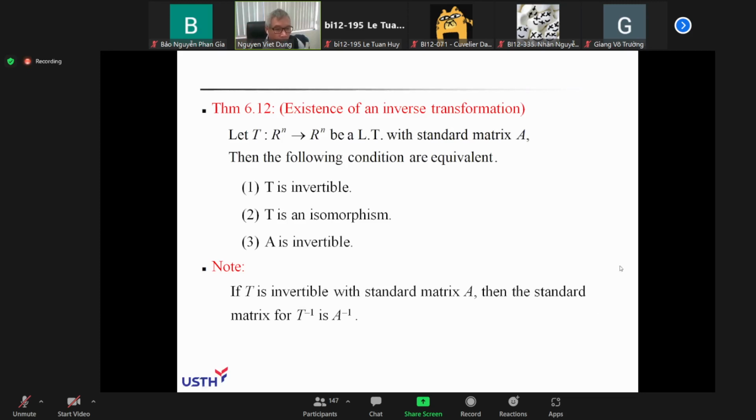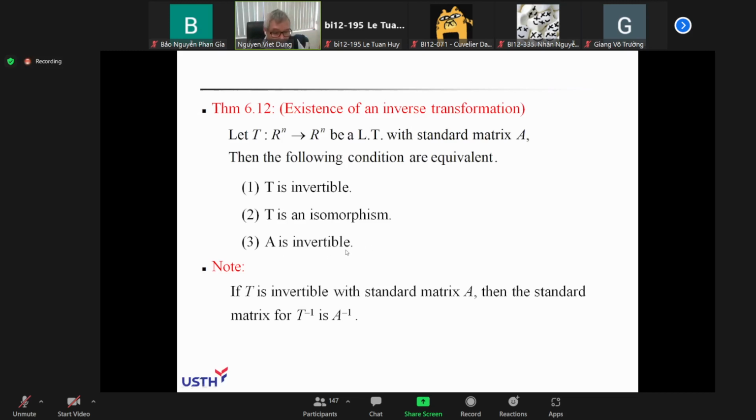So if you look only at the first and the third one, you will see that a linear transformation T from Rn into Rn is an invertible transformation if and only if its standard matrix A is an invertible matrix.